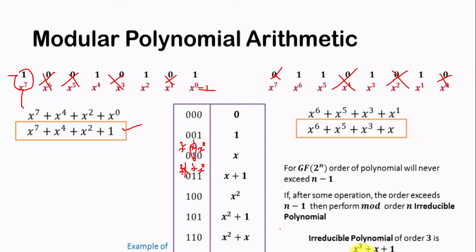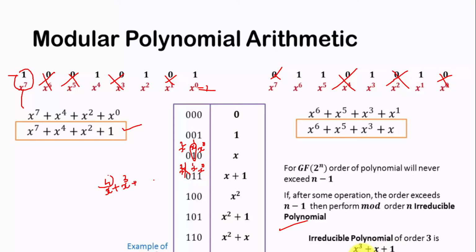And we need to consider one more case. While we are performing certain polynomial multiplication, sometimes our product exceeds the Galois field order. That means after multiplication, sometimes we get a result like x to the power 4, x cube and so on.